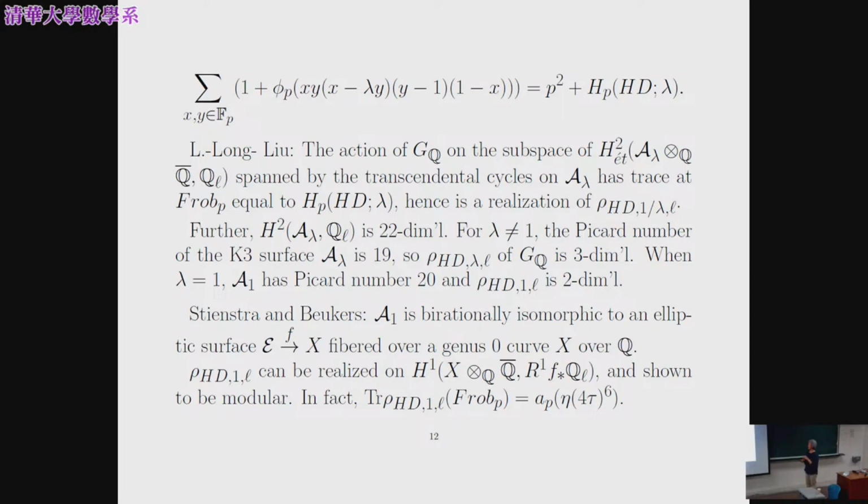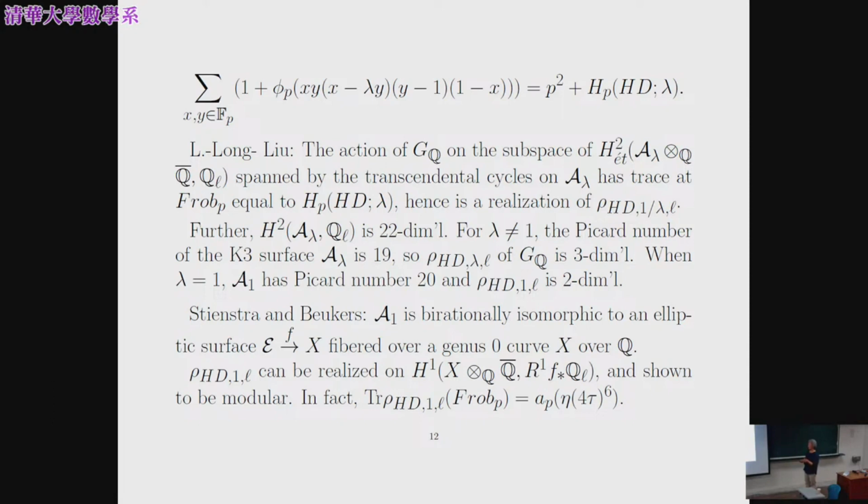Okay. And when lambda is not equal to 1, the algebraic cycles span a 19-dimensional space. And so the remaining 3-dimensional space is spanned by the transcendental lattice. So this piece actually comes from the transcendental lattice. That's the contribution it comes from. And when lambda is equal to 1, then the algebraic piece has dimension 20.